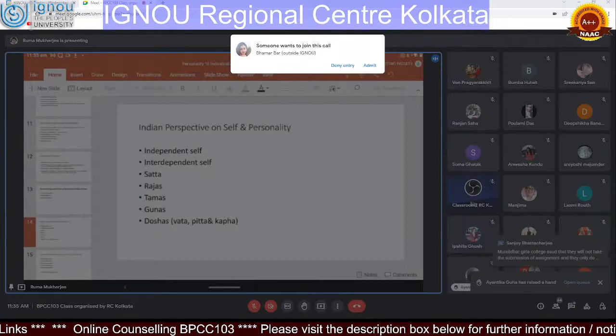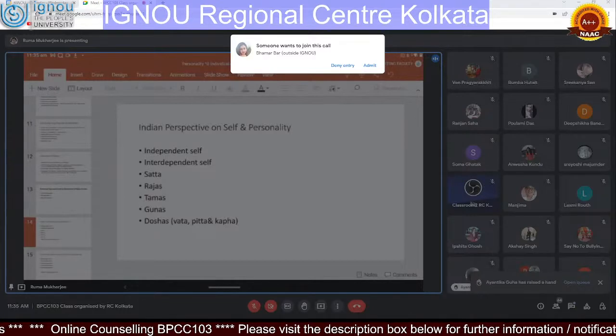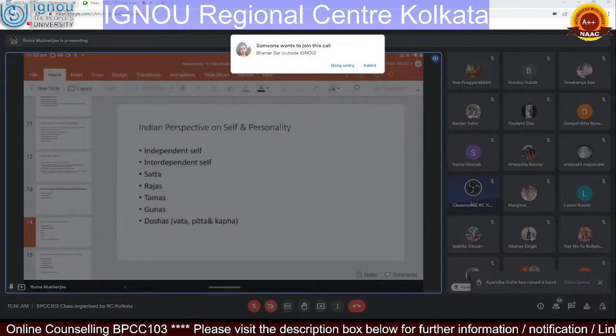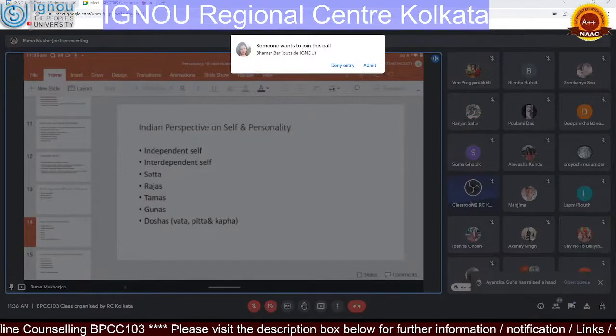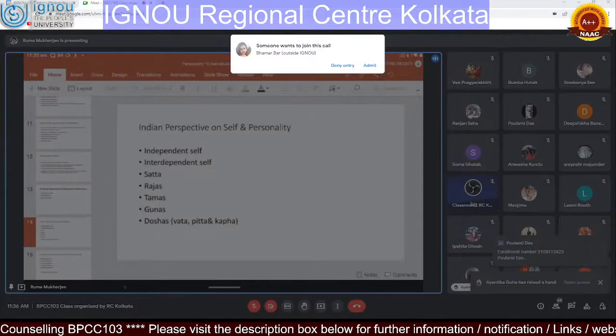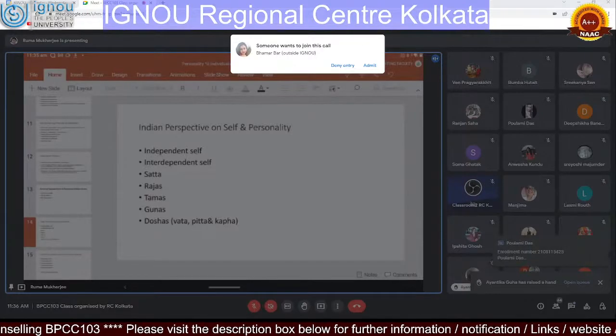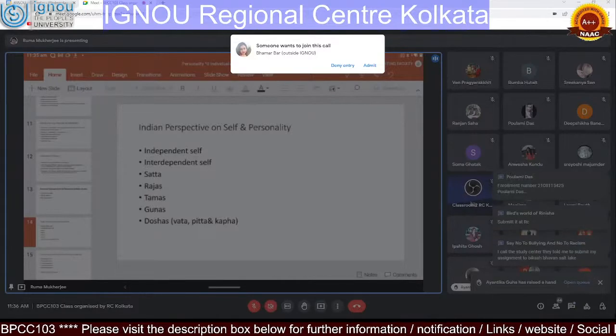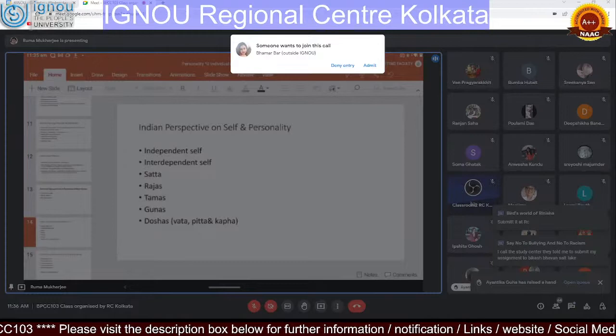That means if sattva dominates tamas, then obviously we will not show the negative personality or its aspects in society.